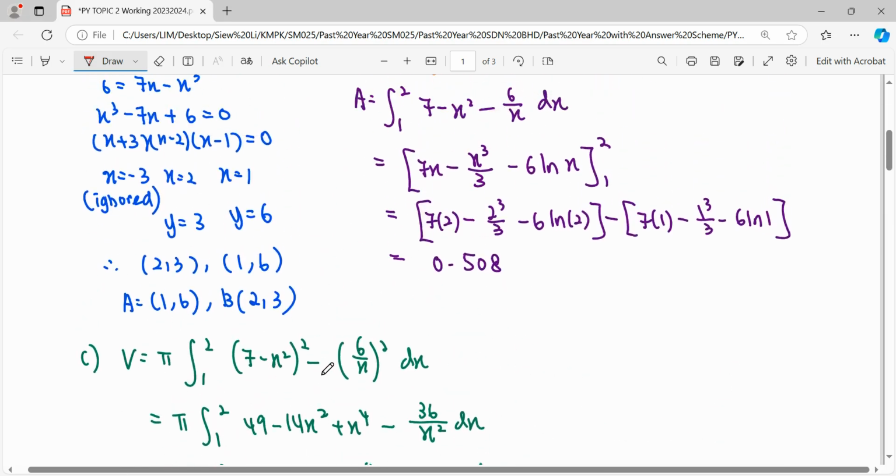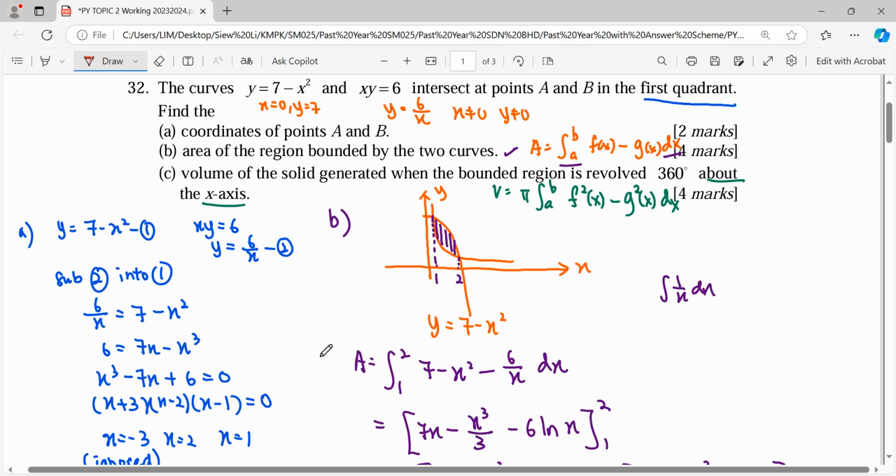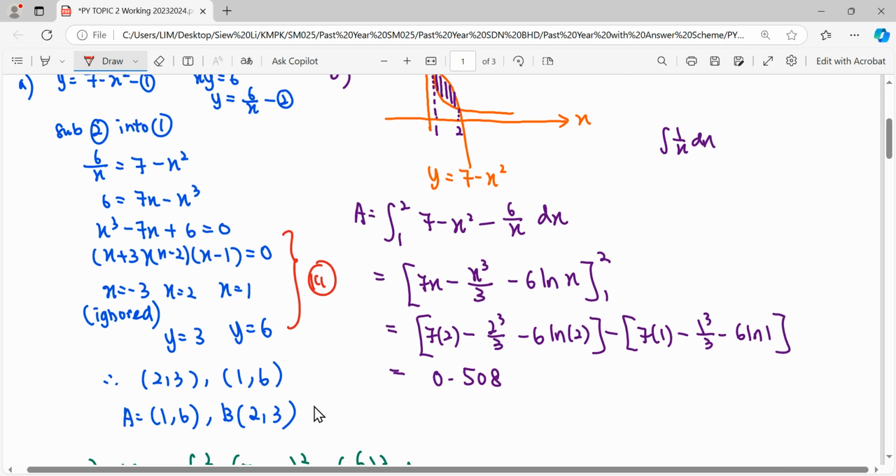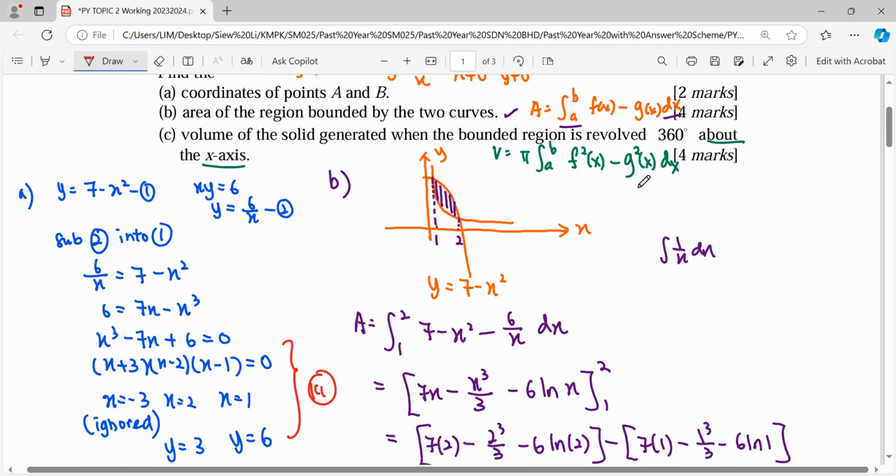So next, we're going to see what is important here. For the first 2 marks, finding the coordinates is the concept of solving the simultaneous equations until you get the x coordinate and y coordinate and write it into the answer in coordinate form, the (x, y). And then when you're doing the area, how do you get these 4 marks?